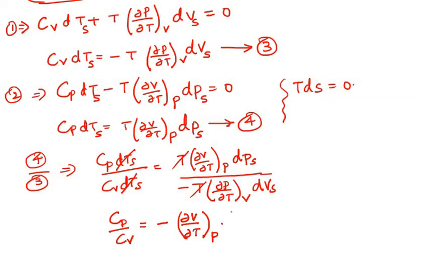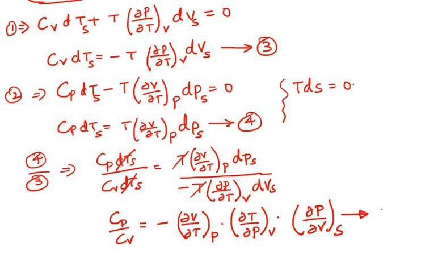This you can bring at the top, that is dou T by dou P at constant volume into dou P by dou V at constant entropy. So this you keep as equation 5.